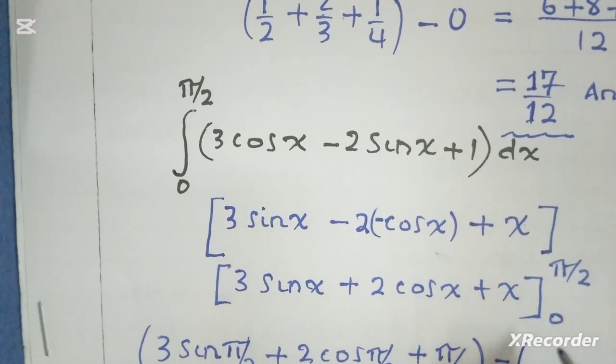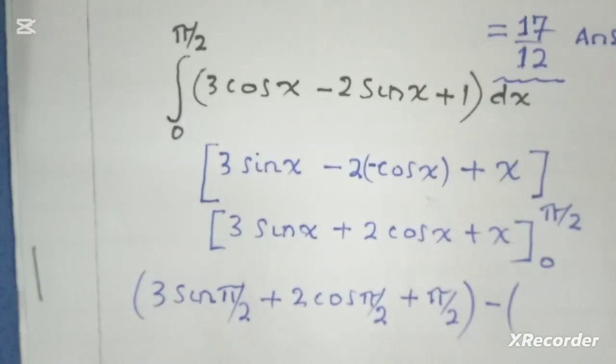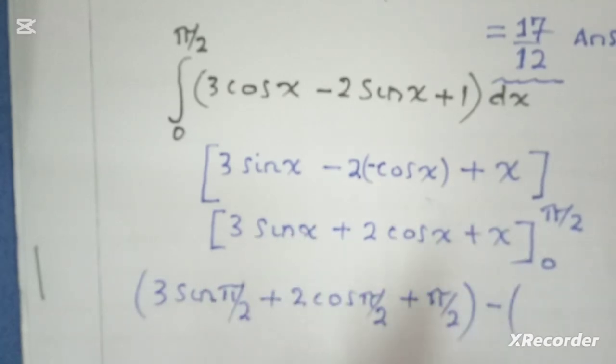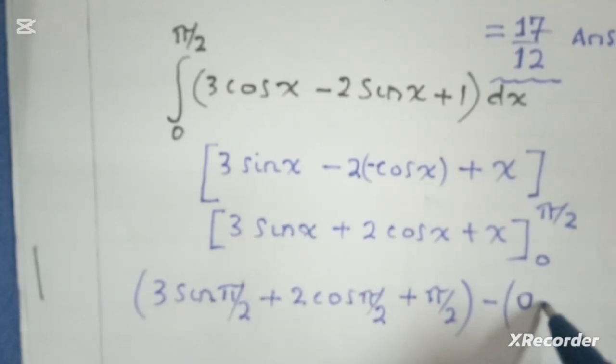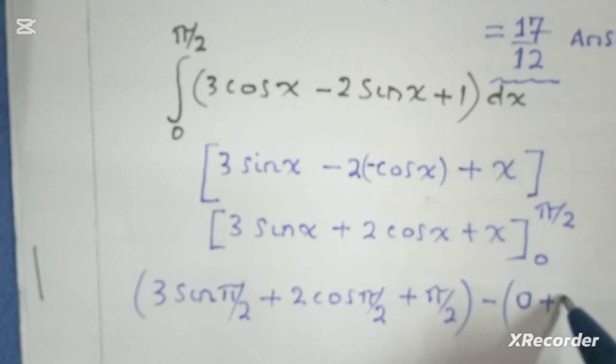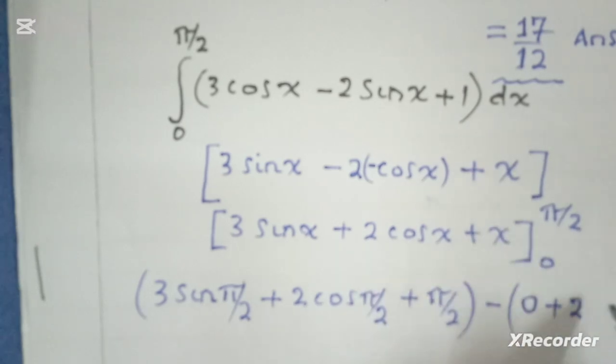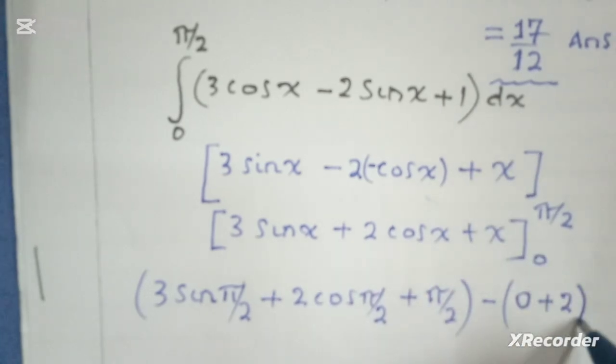Now we put the lower limits. For the lower limits, we have 0. So the first term will be 0. The second term is going to be 2, because cos 0 is actually supposed to be 1. Then 0 here.